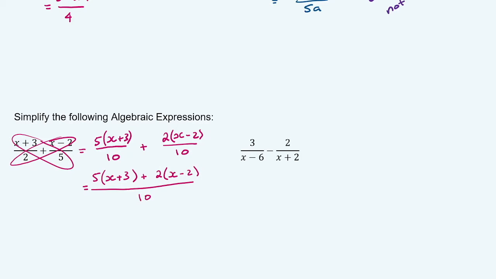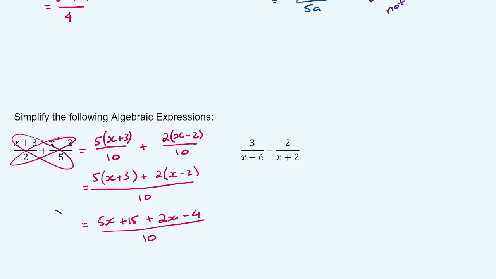All over 10. And then we just pull the brackets out, so we're going to expand our brackets. So we're going to have 5x plus 15 plus 2x minus 4 all over 10. Now we don't have any individual factors here because it's all addition and subtraction, not multiplication.